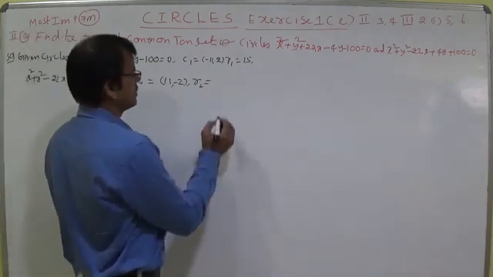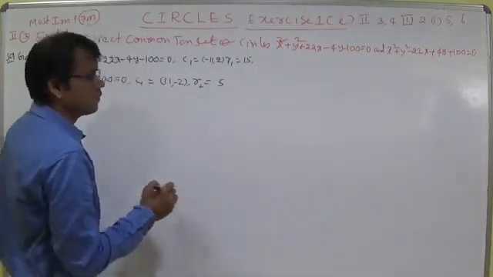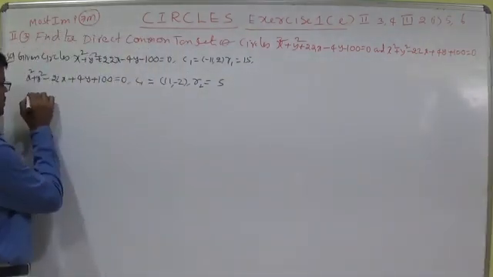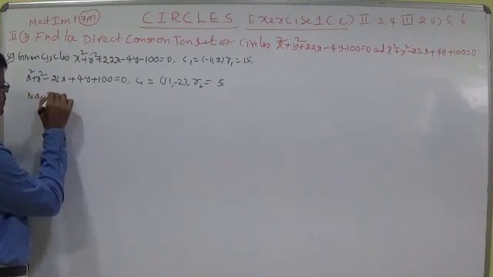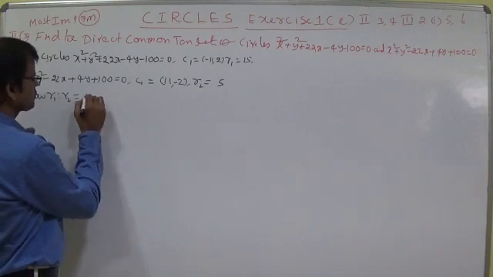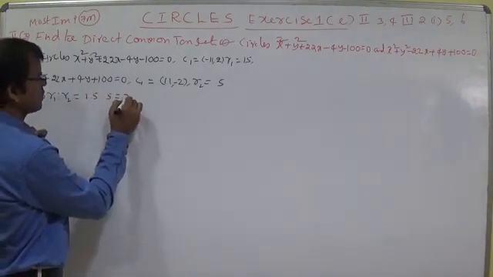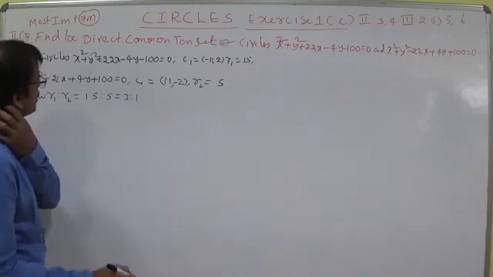So 125 minus 100 is 25, root is 5. Now R1 is to R2 we can write as 15 is to 5, therefore 3 is to 1.